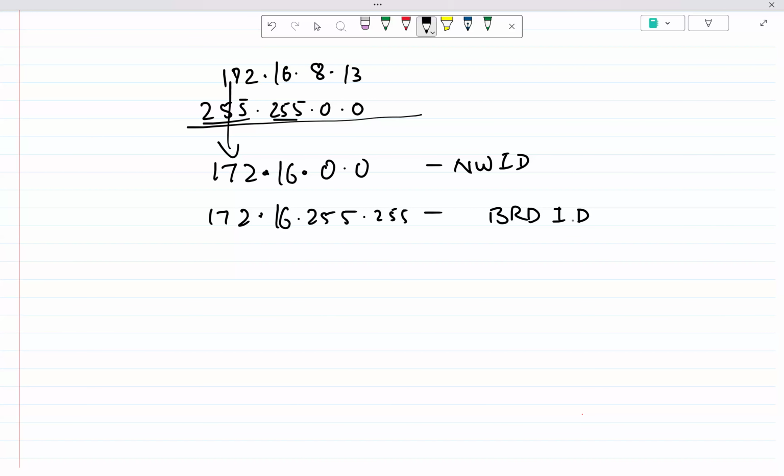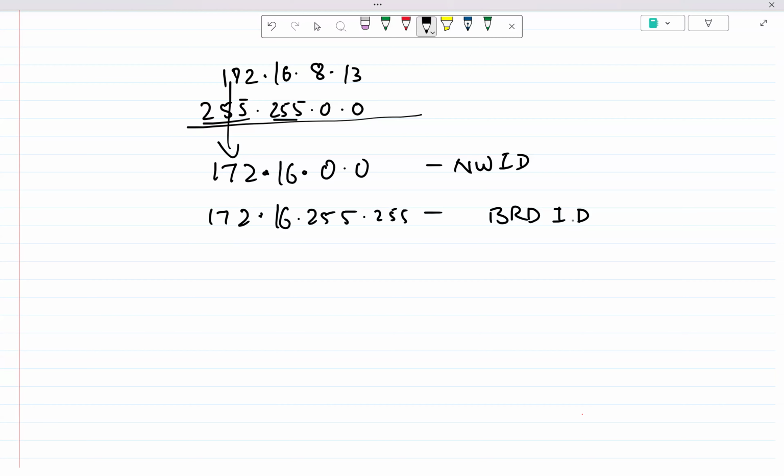But in situations where you need quick calculations and you do not have time to go on the internet, you should be able to calculate the network ID and broadcast ID.